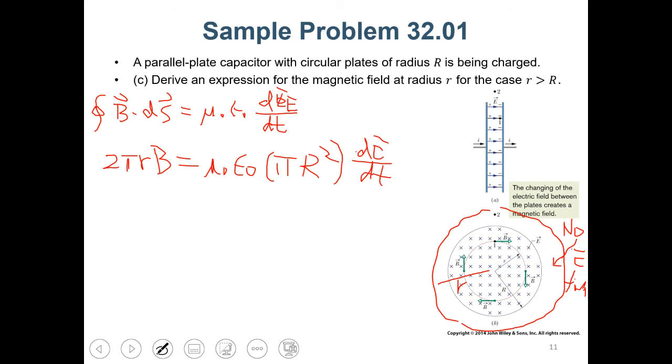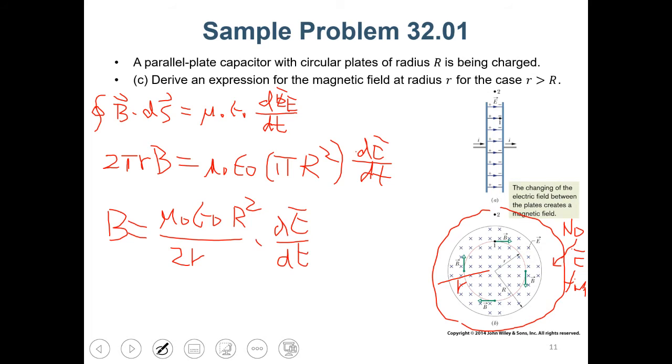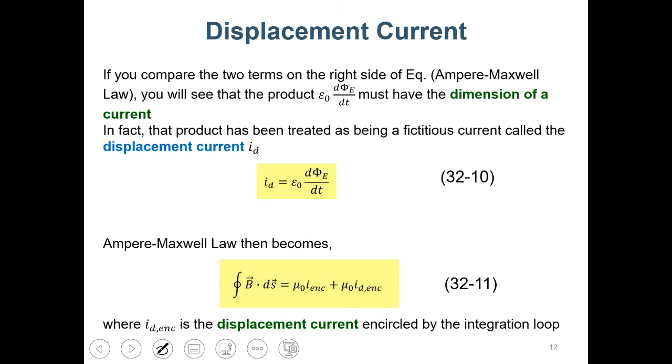So in this case, we have B to be mu naught epsilon naught R squared over 2r times dE/dt. Like this. Okay. Any questions?